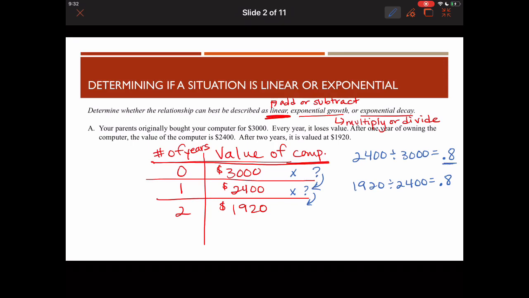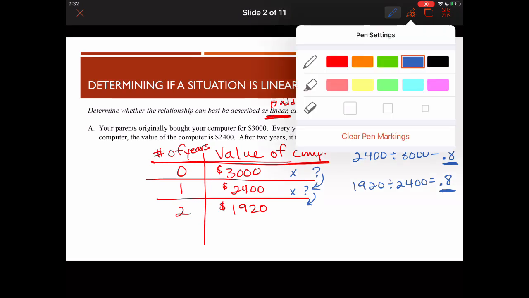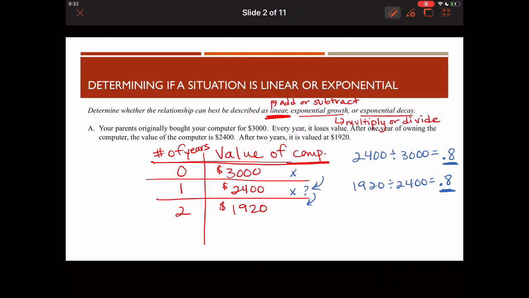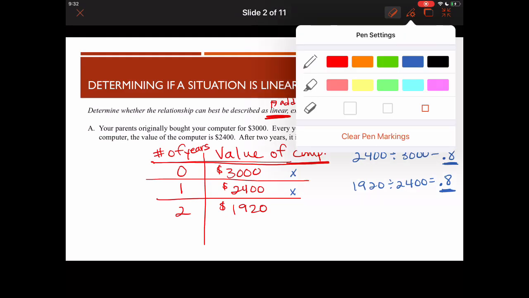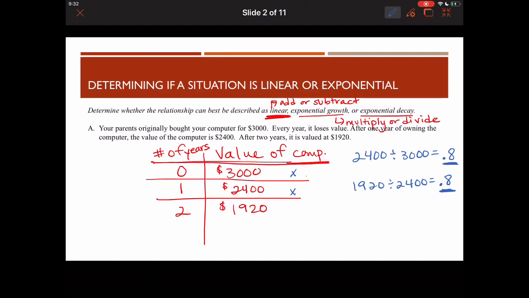So notice, because we get this same number here, that tells us that this function is exponential. In other words, I can fill in this question mark that I put there, and I can multiply by 0.8. So again, check on your calculator. I can take 3,000 and multiply it by 0.8, and I get $2,400.